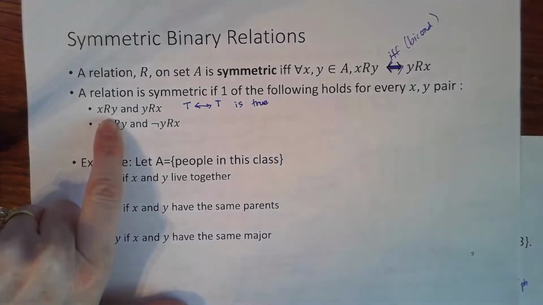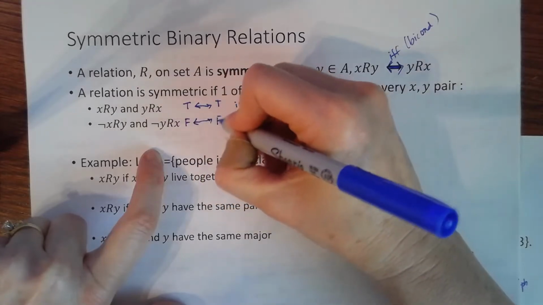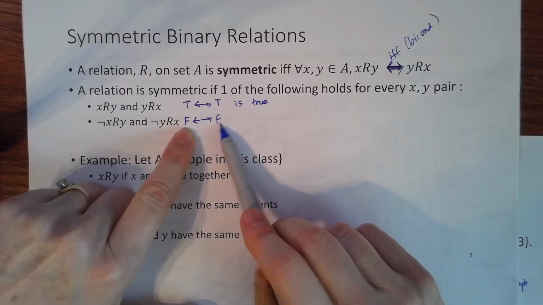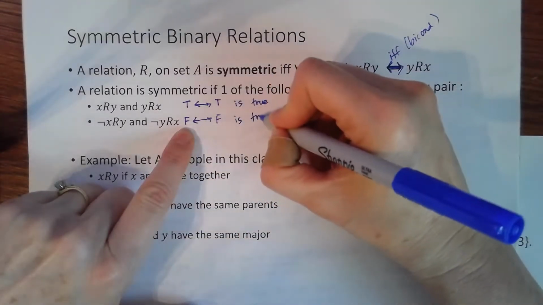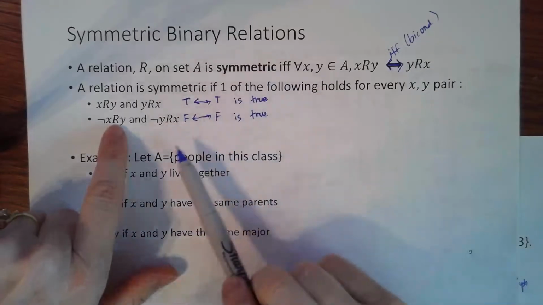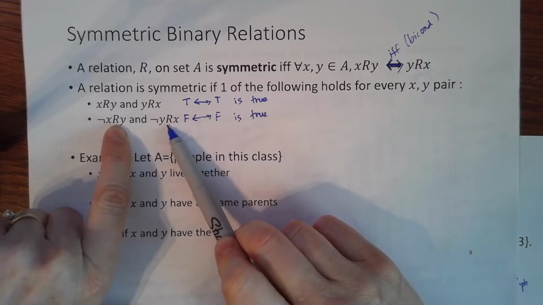But there's another way to get the biconditional to be true, and that is to have false if and only if false. As long as both sides of the biconditional have the same truth value, this is also true. So the other way for it to be symmetric is that neither x is related to y nor y is related to x. They're both false.